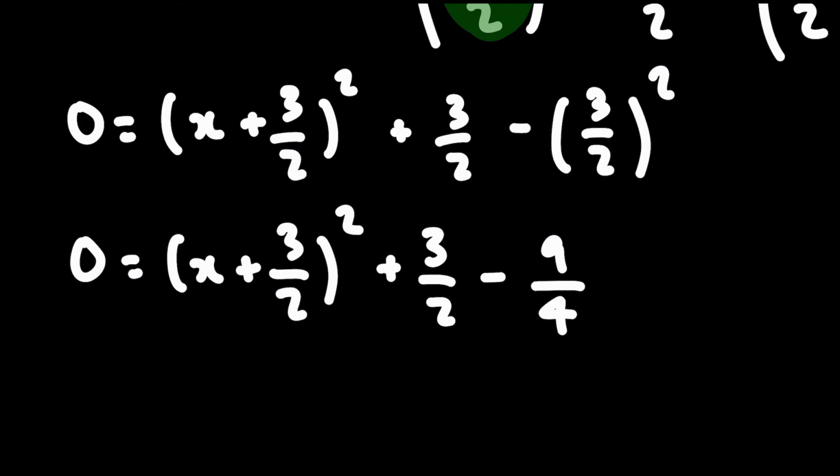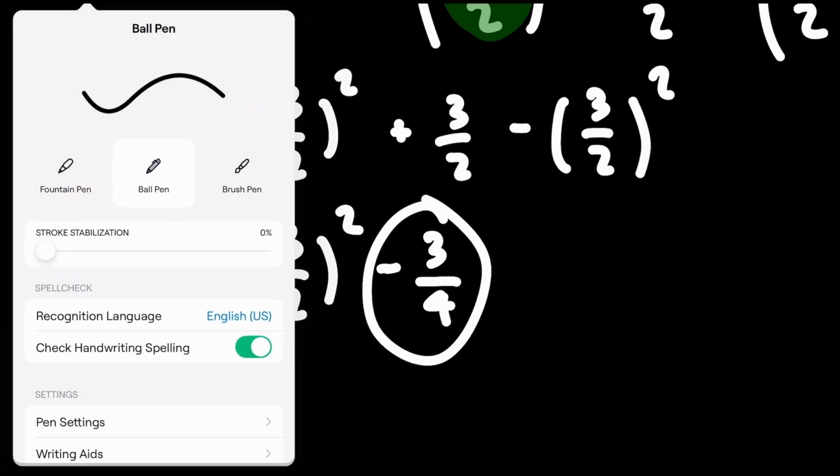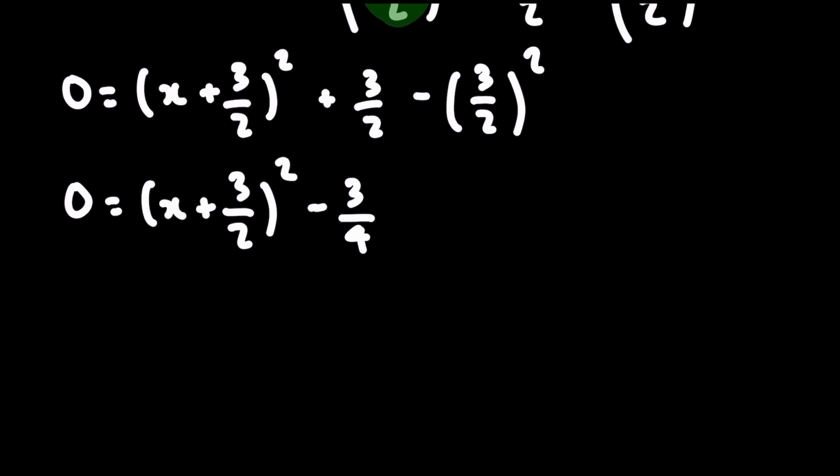I can simplify this into minus 3 over 4. Next, I can move this 3 over 4 to the other side, and it would be 3 over 4 equals x plus 3 over 2 whole squared.